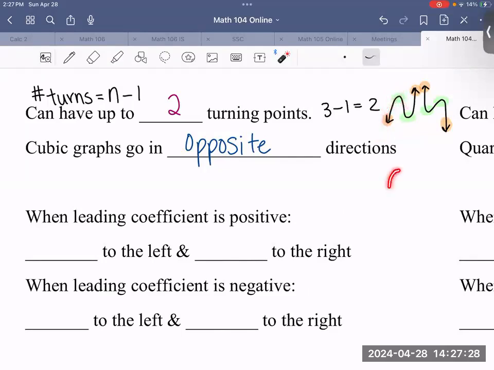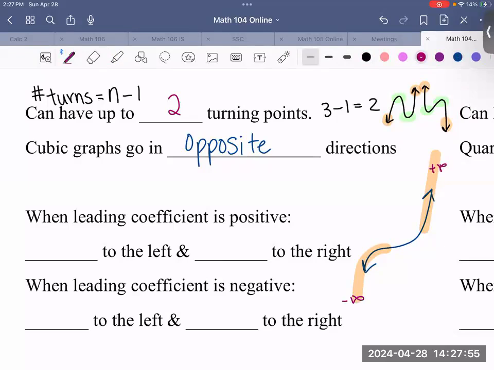Sorry, falling to the left and rising to the right. Let me draw that again. Of course, now I can't do it. There we go. To the left, your graph is decreasing, and to the right, your graph is increasing. So we are going towards negative infinity or positive infinity.